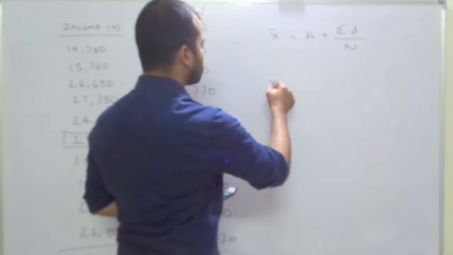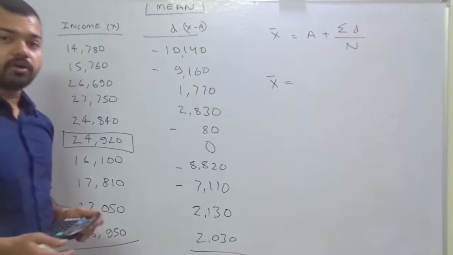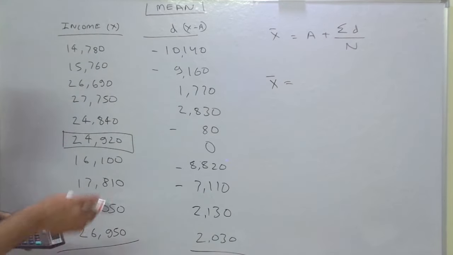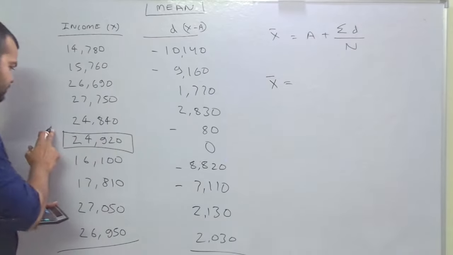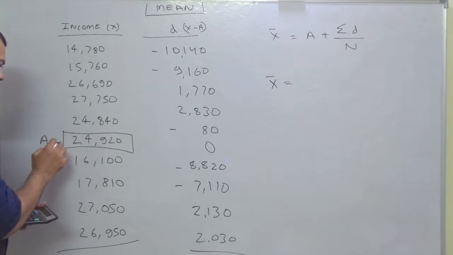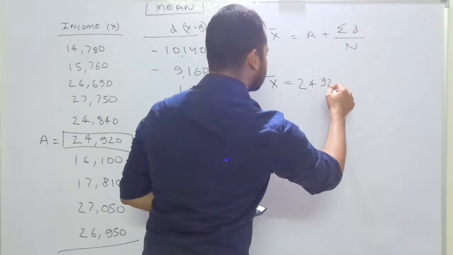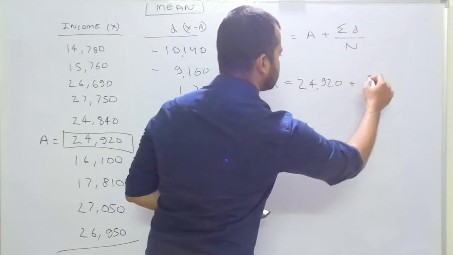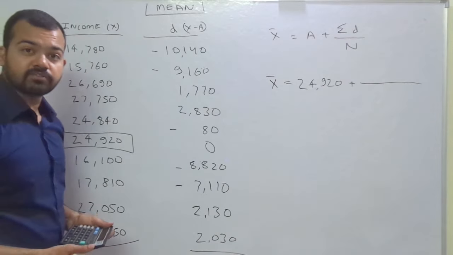Now, in order to solve this question, we have to put these values into the formula of the shortcut method. The formula is a plus summation d upon n. Here a we assumed as 24,920, plus summation d, which is minus 26,550.